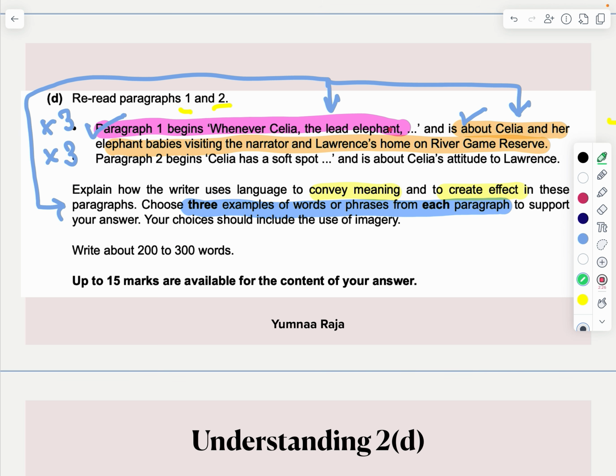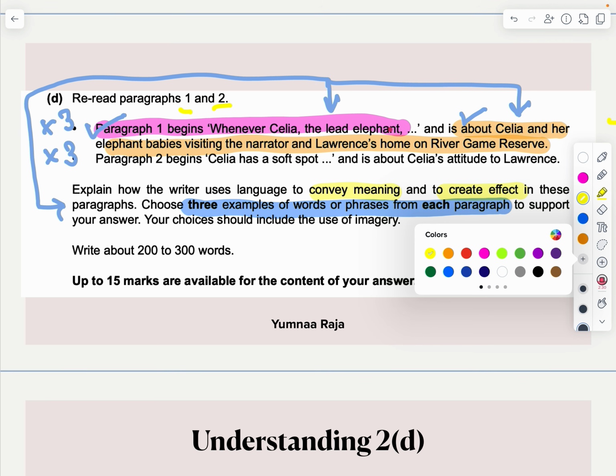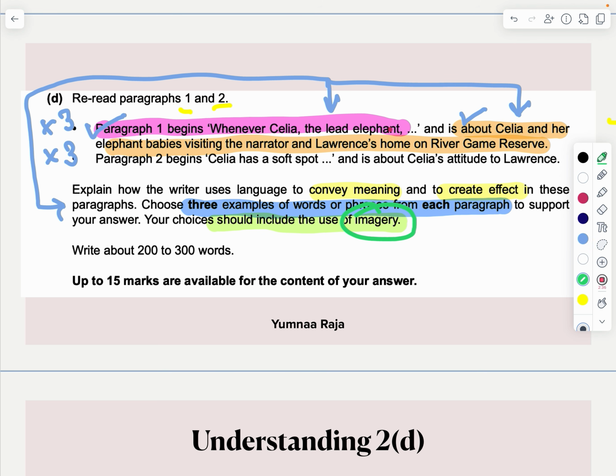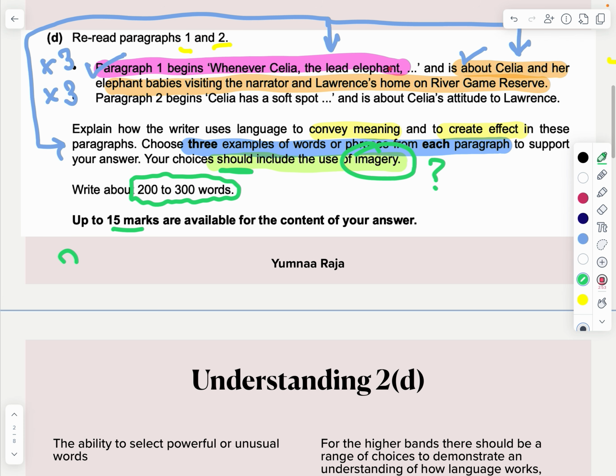There's another very interesting thing which the examiners are generally showing you, which is your choices should include the use of imagery. So what is imagery, and how do you include this in your answer, because the question says it should include it? And then what is the word limit? The word limit is about 200 to 300 words, and the marks are about 15. So what do we have so far? We have 2 paragraphs.